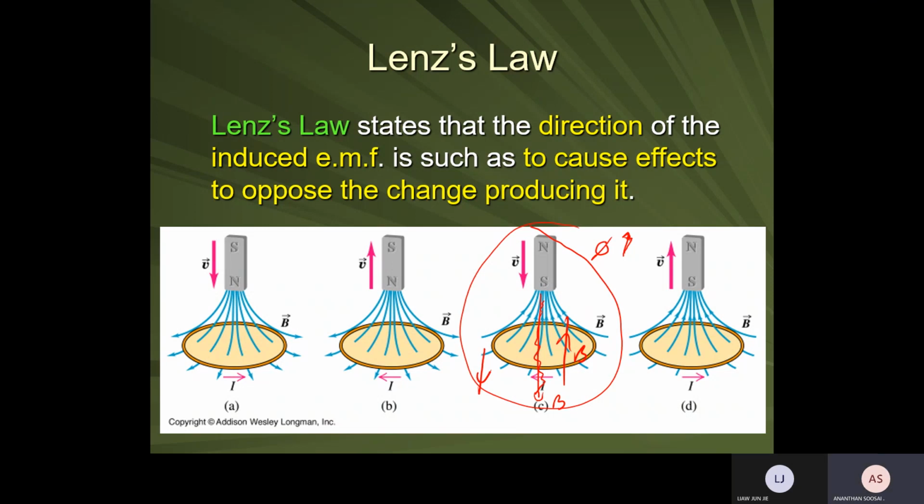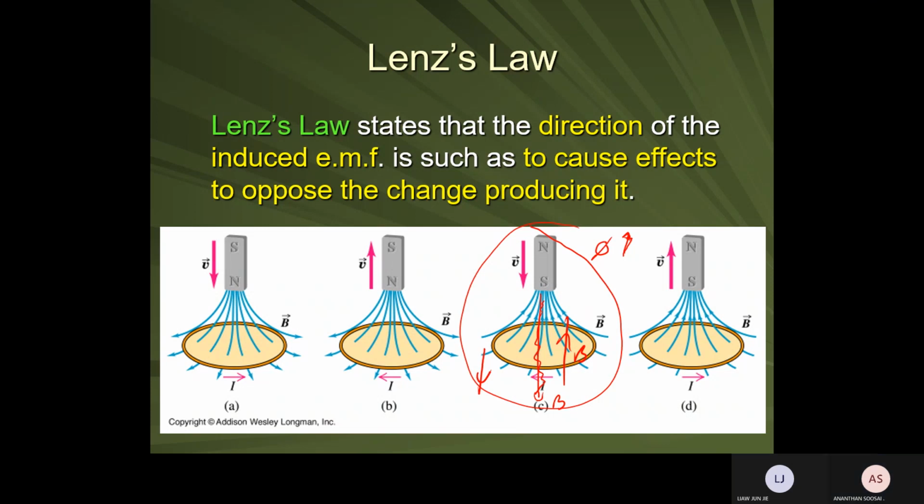Okay. So if they ask you to explain in an exam why it is in a clockwise direction, the first point you must tell is what happened to the flux. The magnet gets into the coil, the flux rises. Then second, before you tell the direction of the current, you introduce Lenz's law: the direction of the induced current or induced EMF is such as to oppose the change which produces it.